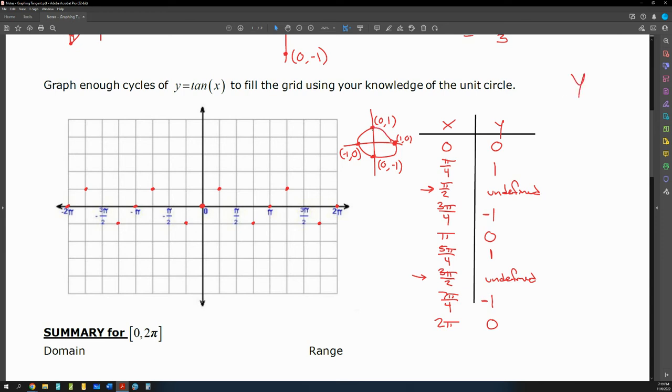So therefore, the ratio of y over x, if x is getting really tiny, we're dividing by a smaller and smaller number. And our y values are getting greater and greater. So we have this greater number divided by a very small number. That's going to cause the ratio to continue to increase very quickly. It's going to approach a very large number. In fact, it's going to continue approaching infinity. Okay? At pi halves, it's undefined.